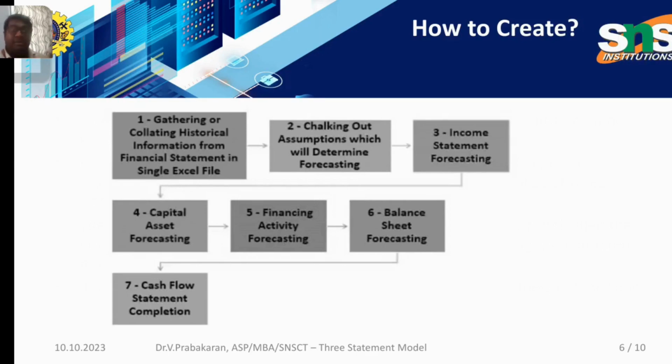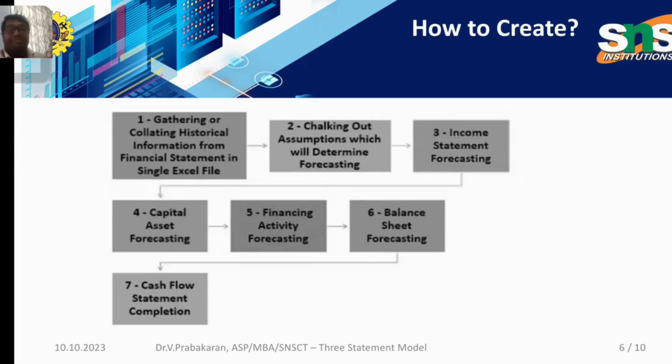Once done, what next? You have collected the basic data, you have started assuming the basics of forecasting. So start applying all this information in the three statement model. To start with, your income statement forecasting. While you are applying the past data in the income statement, that will give you the projection for the next 6 months or 1 year, whatever period you are looking for.